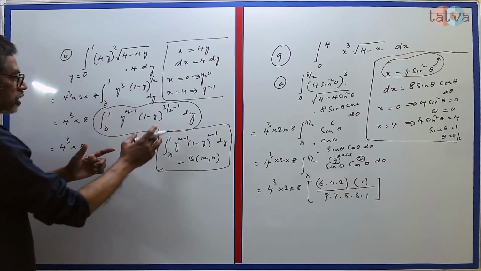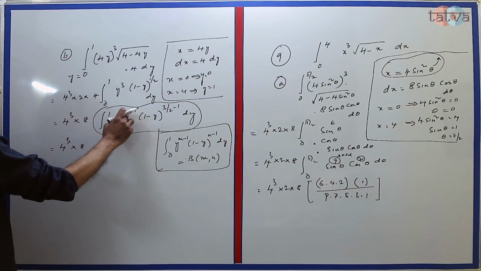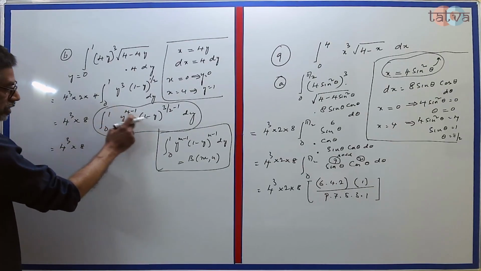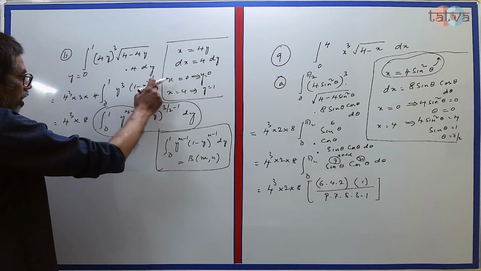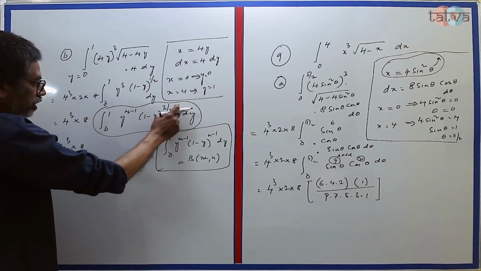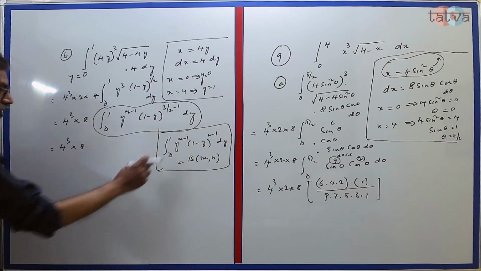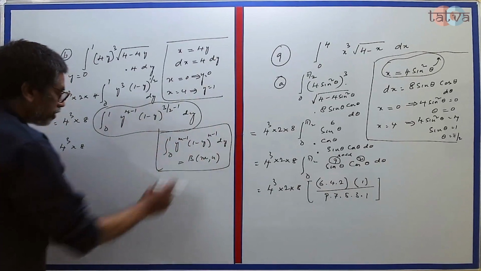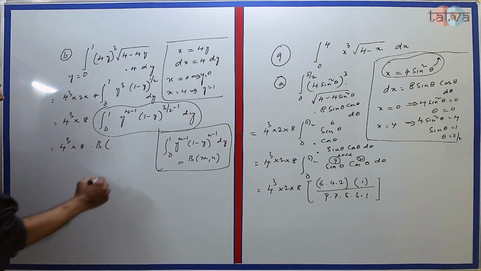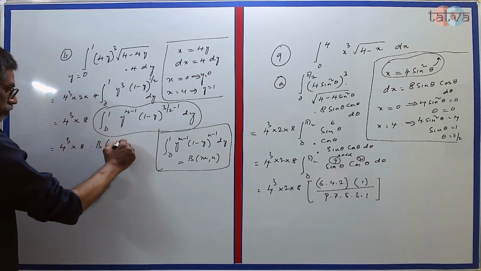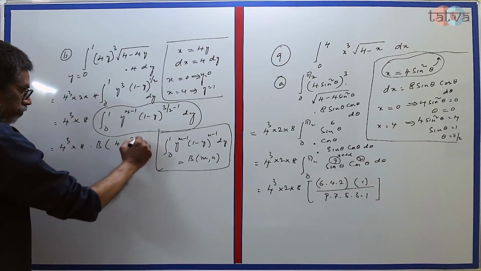I hope you can now understand why this y cube has been written as y power 4 minus 1, so that this matches with this structure, and why 1 minus y power half was written as 1 minus y power 3 by 2 minus 1, because this should match with this structure. Only then m and n will be revealed. So this will be beta of m is 4, comma, n is 3 by 2.